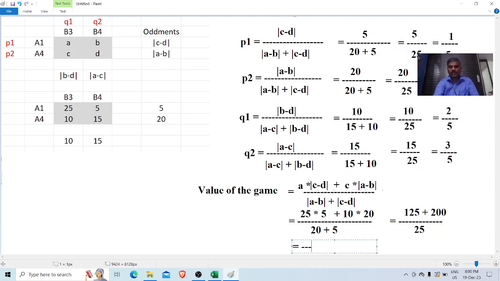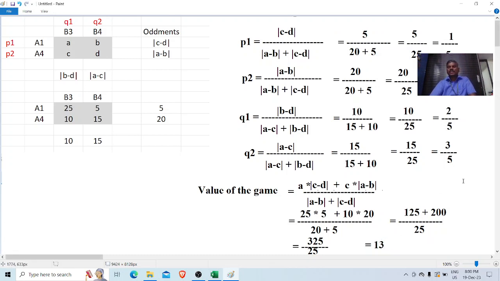So simplifying further, equal to 325 by 25. Simplifying further, 25 into 13 is 325.